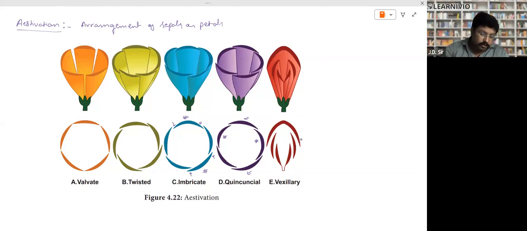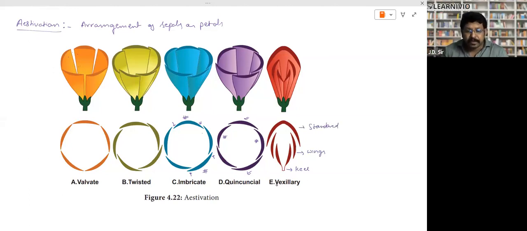This is the lower one, called the keel. The free ones are called wings, and this is called the standard.